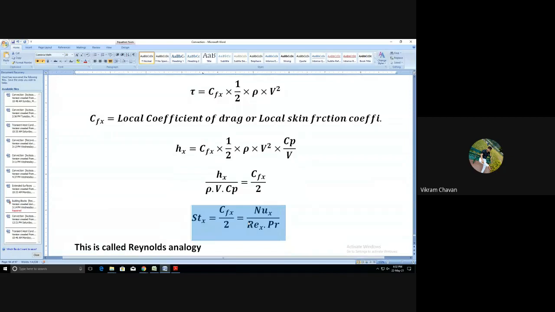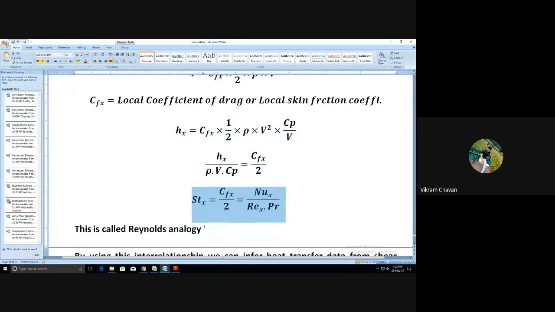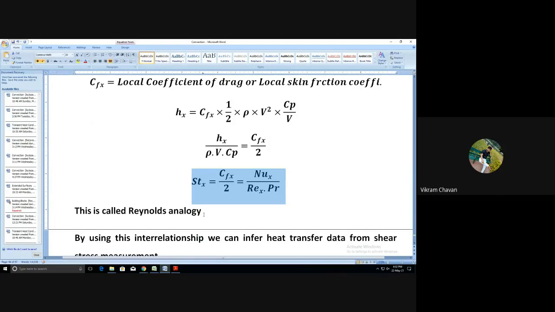So from this equation, we can infer the shear stress data into heat transfer data. So this is called the Reynolds analogy.